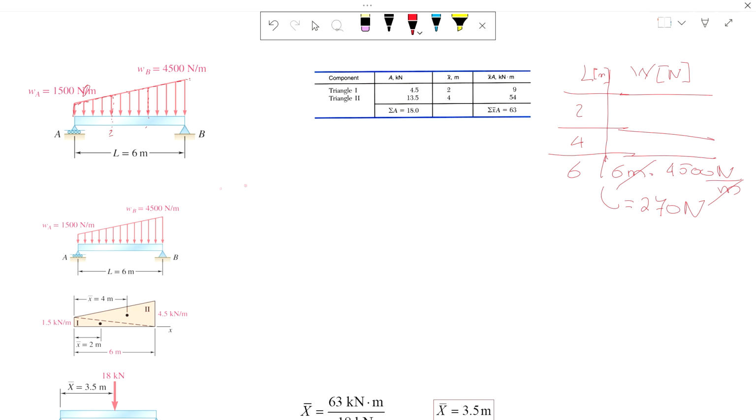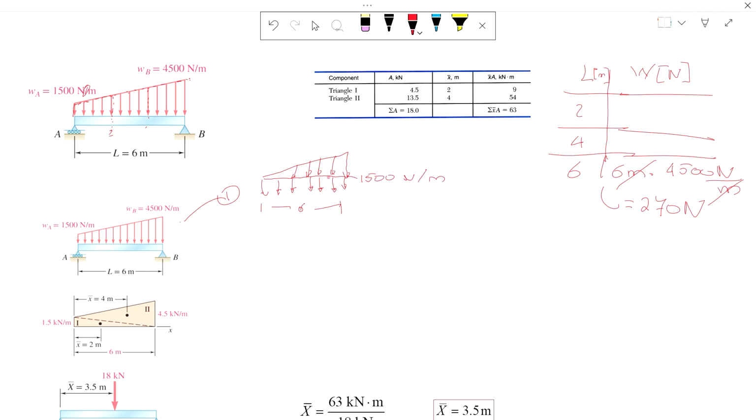So we have two options here. One option is, option 1, we divide the force into a square, or not a square, but a rectangular shape, where this is 6 meters, and then a triangular shape, where the rectangle is going to have a uniform force of 1,500 newtons per meter.